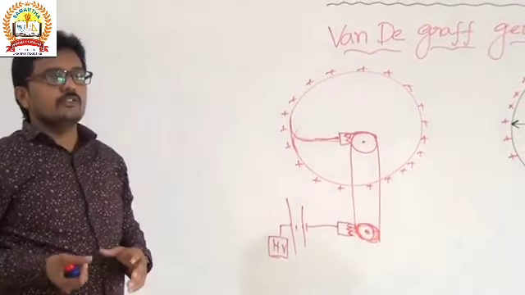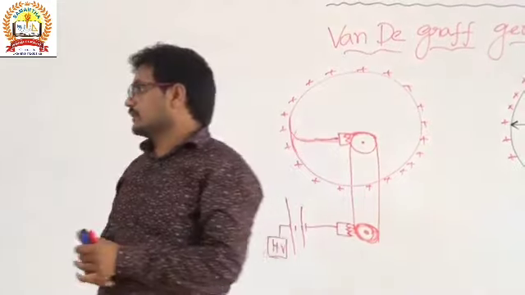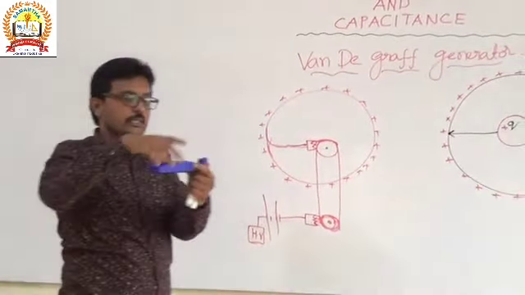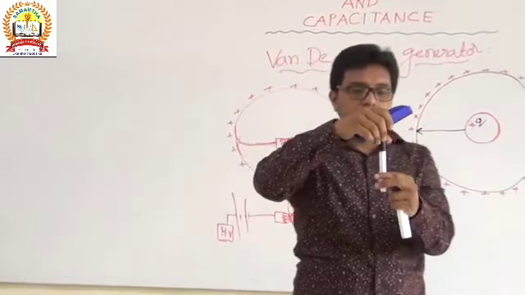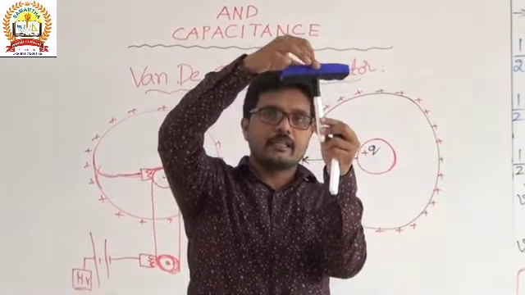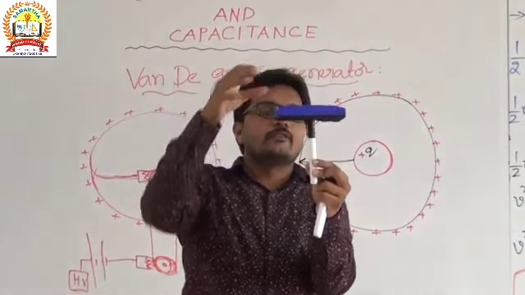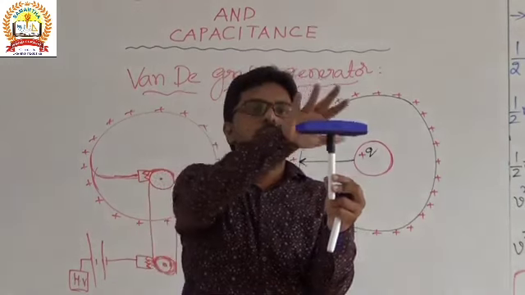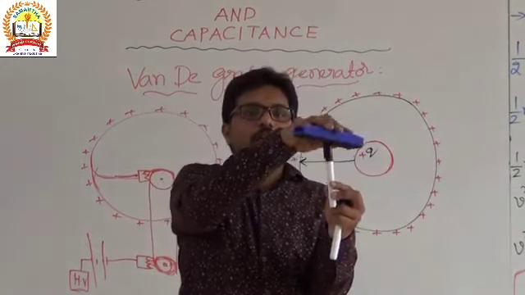So where do we use the Van de Graaff generator? For example, imagine a sphere connected to a Van de Graaff generator. When the charge is passing through it, if you touch the Van de Graaff generator, what happens?